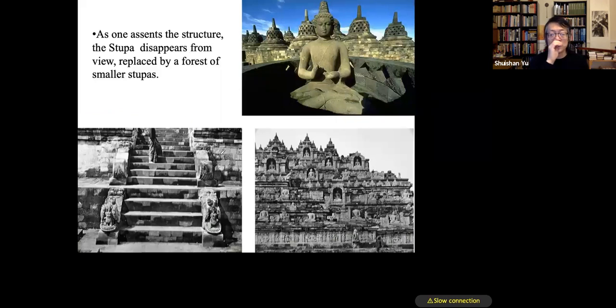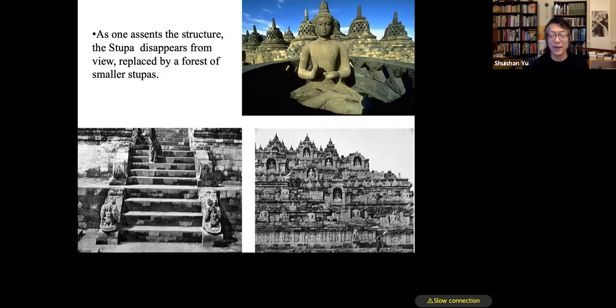So in terms of the sculptural scheme on different levels of Borobudur, the lower ones had more figurative carving illustrating Buddhist stories, but then on the upper realm, all statues were hidden inside small stupa, and they are just a statue without narrative story anymore.